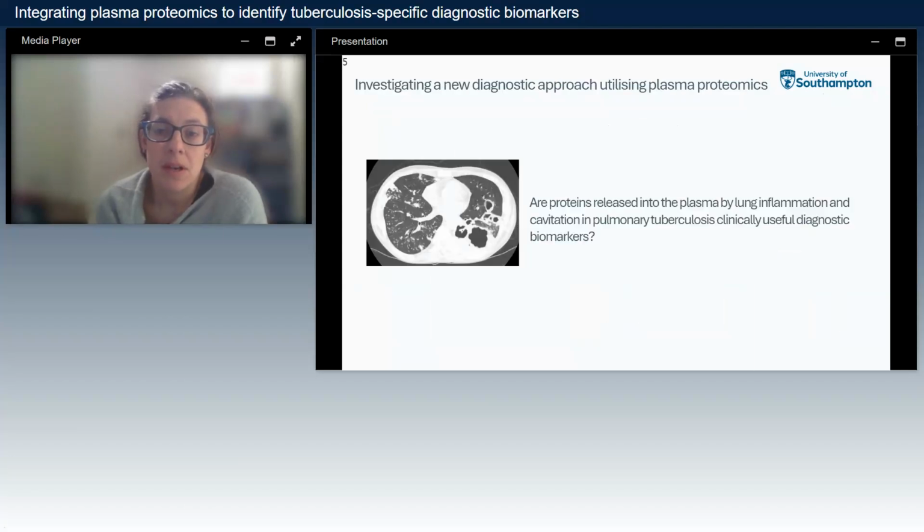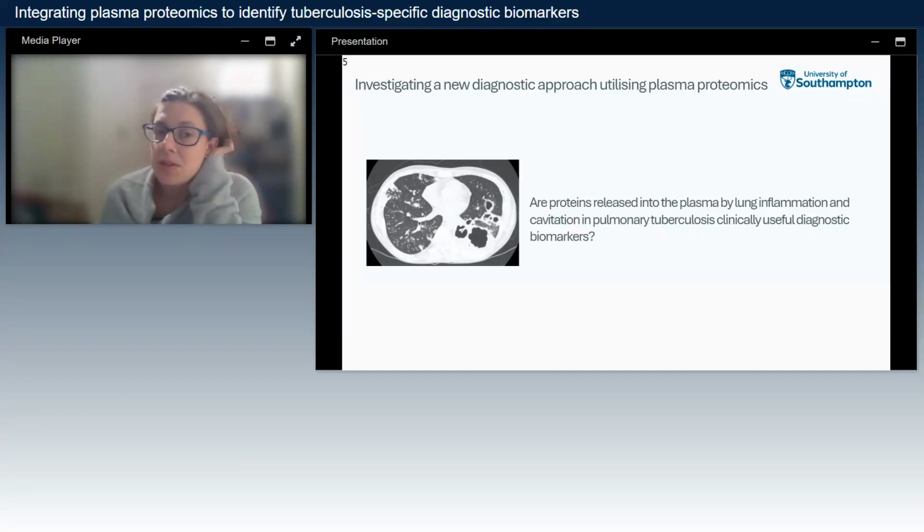So the research that I've been undertaking with the TB research group at the University of Southampton has been investigating a new diagnostic approach that utilises plasma proteomics, with the hypothesis: are the proteins released by this lung inflammation and cavitation clinically useful diagnostic biomarkers?